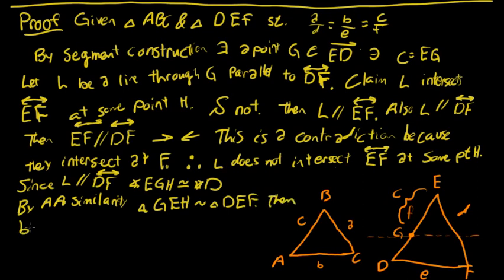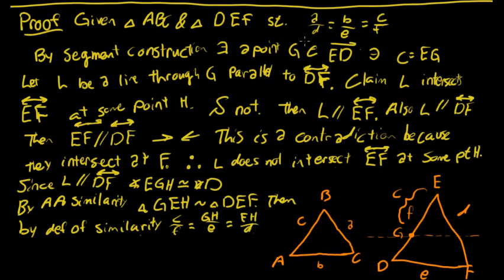Then, by definition of similarity, C over F equals GH over E equals EH over D.